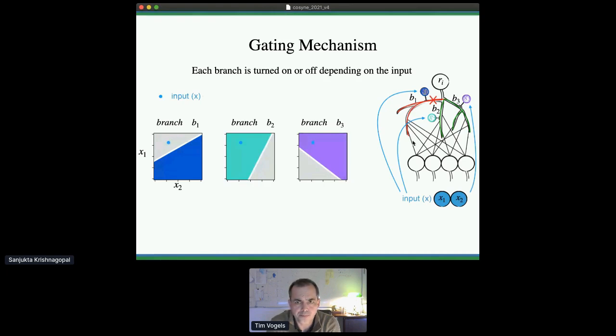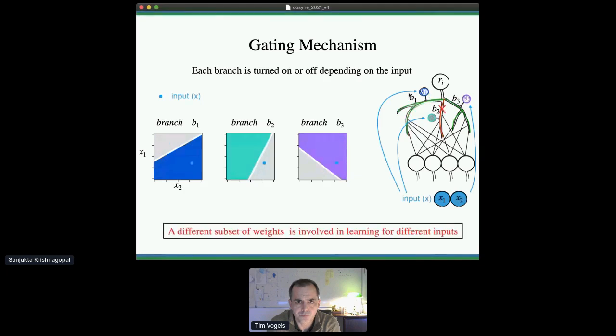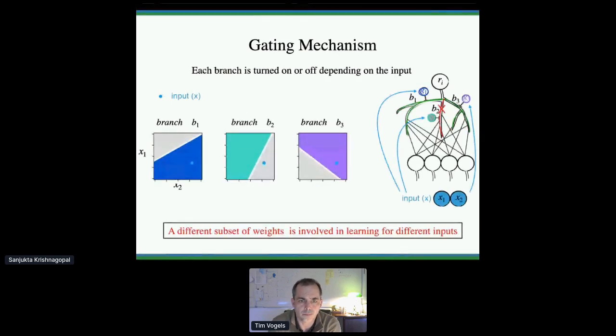For a different input here, we have a different set of branches that are active. So B1 and B3 are active, and B2 is not. Through this type of gating, a different subset of weights is involved in learning for different inputs. So each input turns on and off a different subset of branches. And that actually does really well for solving this problem of local learning not working by itself.